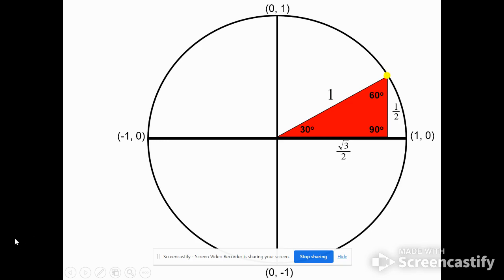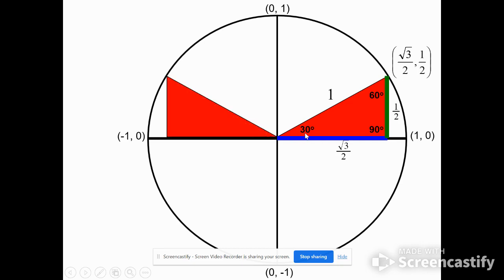Now if I have this triangle on this circle, I can see that my horizontal distance is root 3 over 2, and my vertical distance is 1/2. Therefore, the point on the circle is going to be (root 3 over 2, 1/2) for this 30-degree reference angle. Now, I could also take that same triangle and put it in quadrant 2, and it'll have the same ratios.